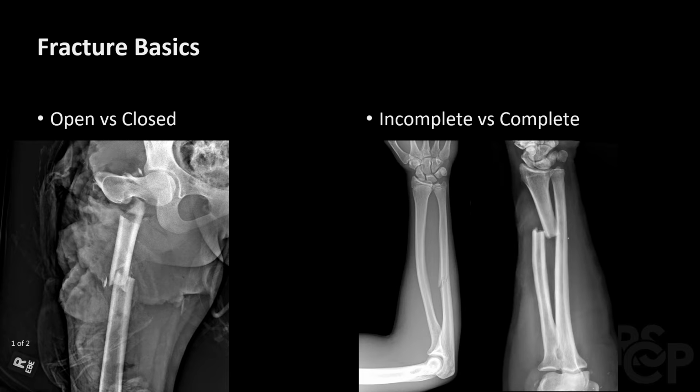And then on the right, you can see this radial fracture where the fracture line extends all the way across the bone. And just another characterization of this right radial fracture on the side: this is also displaced, meaning that there's a gap between ends of the broken bone.